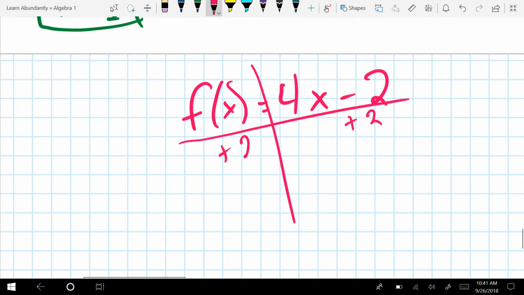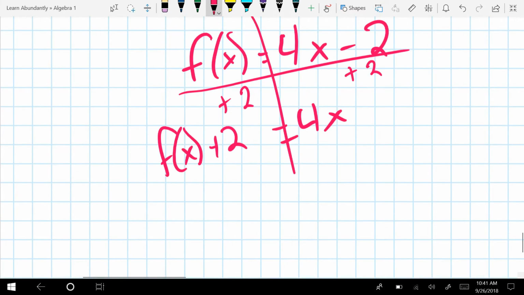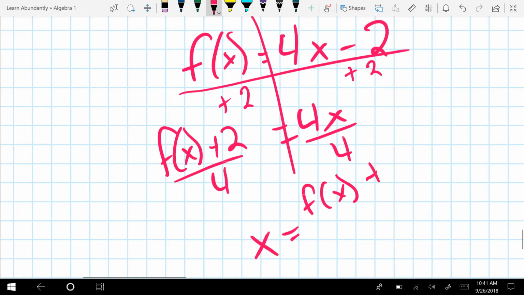I'm going to add 2, add 2. And if I do that, I get f of x plus 2 equals 4x. And then I'm going to divide by 4. Divide by 4, divide by 4. And now I've got my equation. I'm going to do the symmetric property switch around. X equals f of x plus 2 divided by 4.